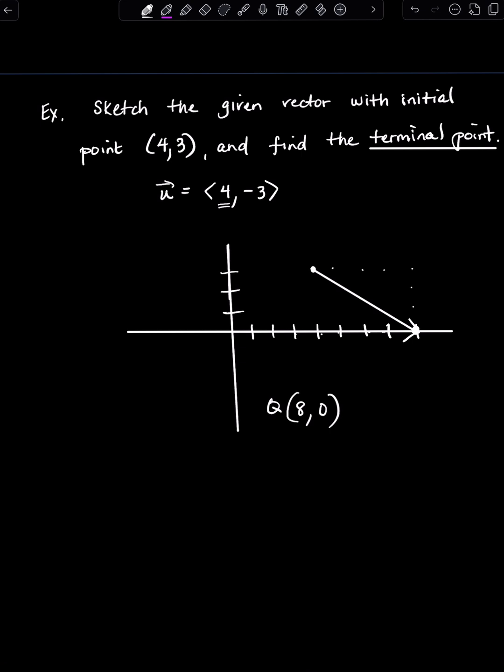So x2 minus 4 has to equal 4, and y2 minus 3 has to equal negative 3. If I solve these, I get x2 equals 8 and y2 equals 0. So I could have done that algebraically as well, but it asked me to sketch the graph, so I drew it so you could see it.